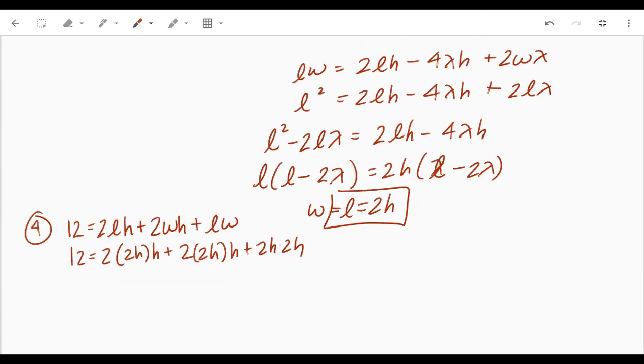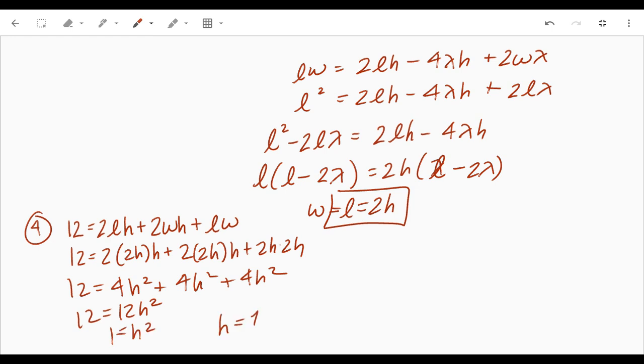So we get that 12 is 4H squared plus 4H squared plus 4H squared. So 12 is 12H squared. So 1 is H squared. So H is 1. And then W and L are both 2H. So the volume again is 4. So that's how we solved that same problem using 11-7 methods and now using Lagrange multipliers.